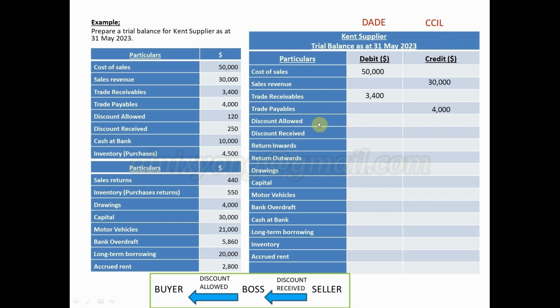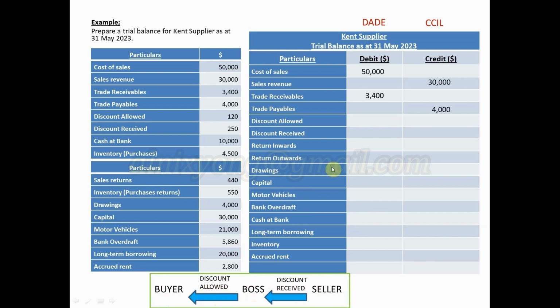Right. Now next one, discount allowed, discount received. How to identify them? Here is a guideline. You always take yourself as the boss. You sell the product to your customer, and you also buy some product from your supplier, right? That's why for discount allowed, you only remember allowed means you give discount to your customer.